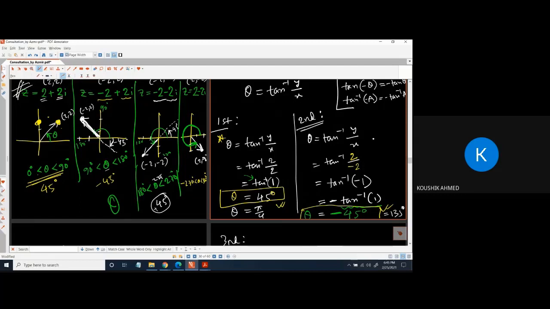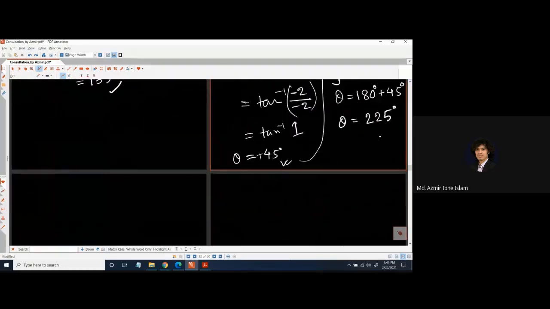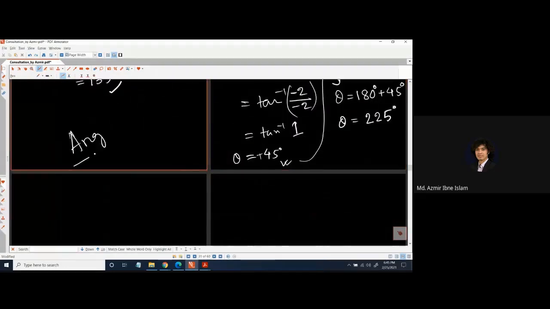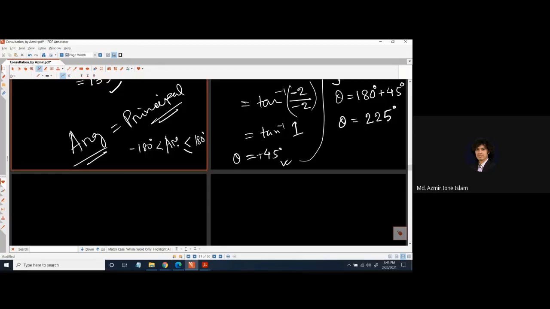Sir, what's the difference between capital ARG and small arg? Actually, capital ARG is the notation that we use for the principal argument. So it has a specific value. The principal argument generally lies between minus 180 degree to 180 degree, and it can also be equal to 180.